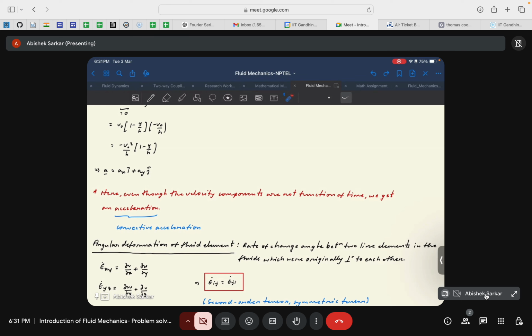But because of the change in spatial conditions, the velocity might also change with respect to space, and that gave rise to the convective acceleration components. So even though the velocity components are not a function of time, we still get a non-zero acceleration, and it is contributed by the convective acceleration components.